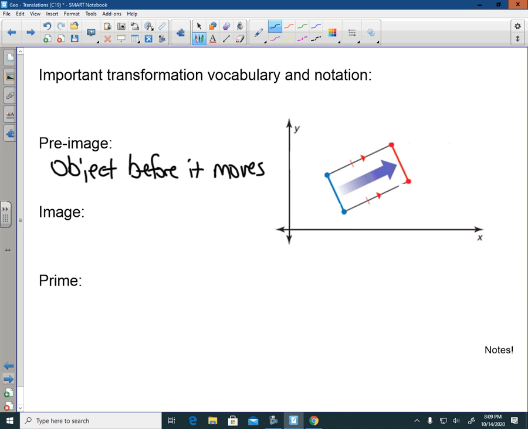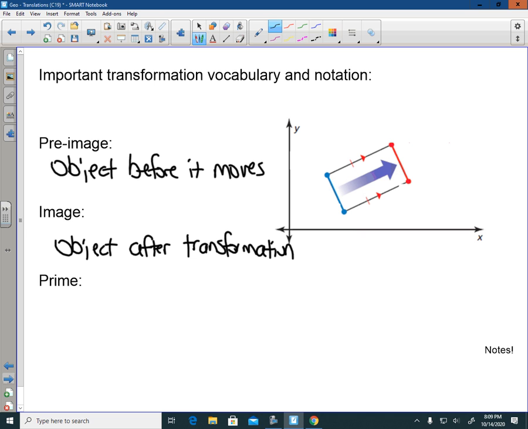And then it moves to its image. That's the ending point. That's where the object is after transformation. So we can tell the difference between the two. We have the preimage and we have the image.